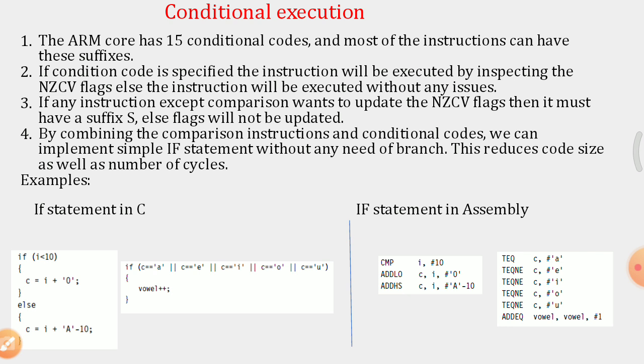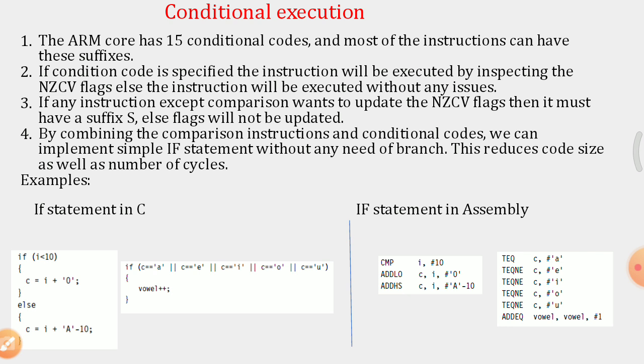Now TEQNE, test equivalence if it is not equal, that is if c is not equal to A, then TEQNE c, #'E' will be tested. If it is equal, then TEQNE will not be executed. If c is not equal to A, then TEQNE c, #'E' will be executed.